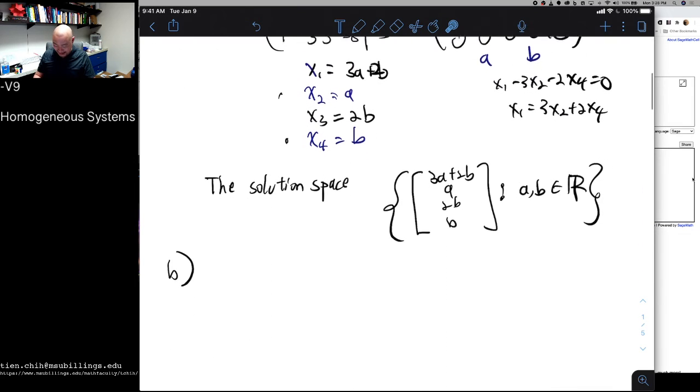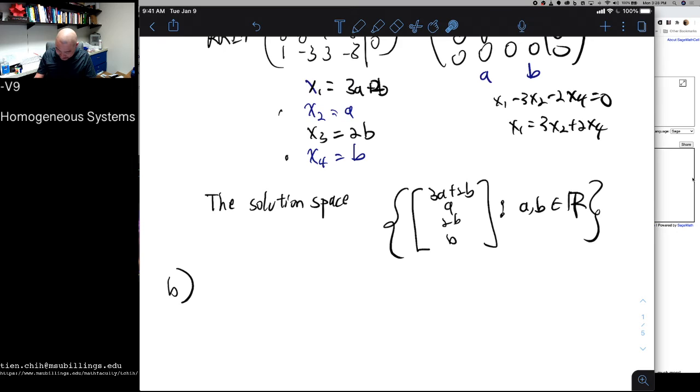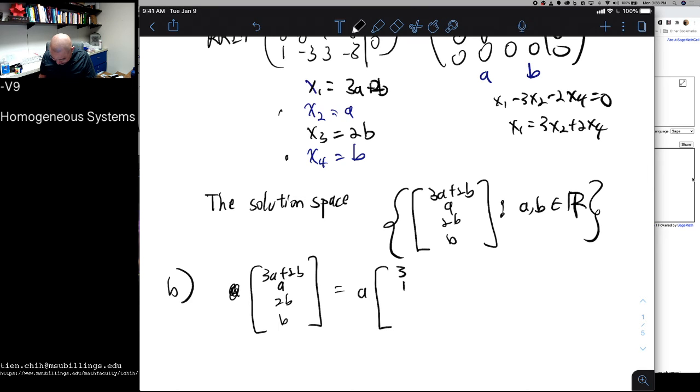And what we see is that this vector (3a plus 2b, a, 2b, b) I can rewrite as a times (3, 1, 0, 0) plus b times (1, 0, 2, 1).